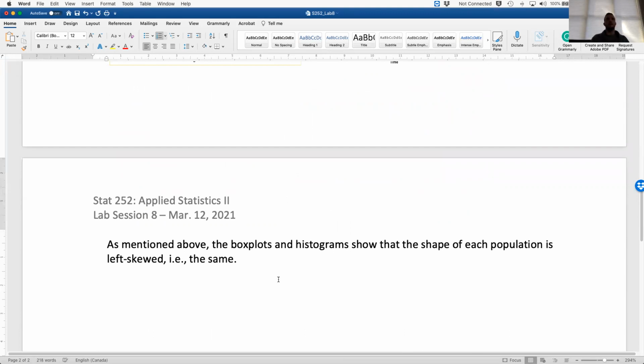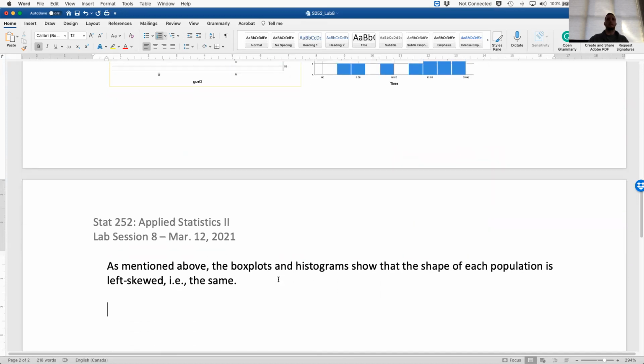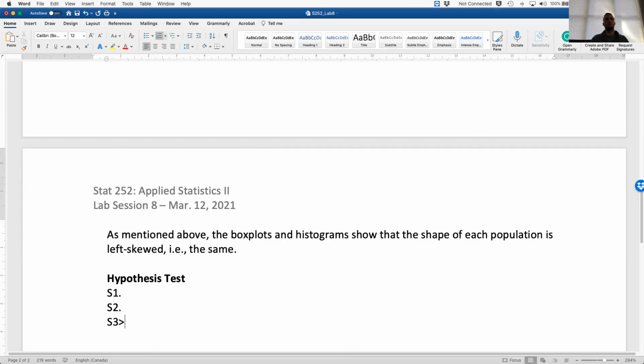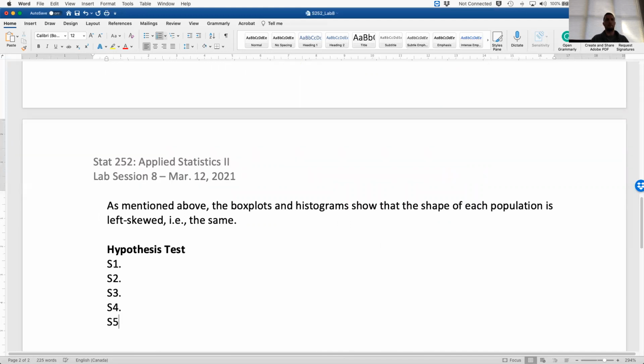Okay, so now we have the hypothesis test. So step 1, step 2, step 3, step 4, step 5, step 6.